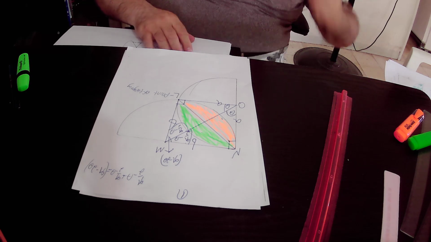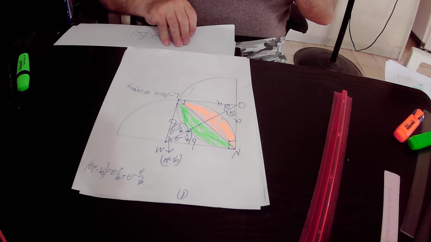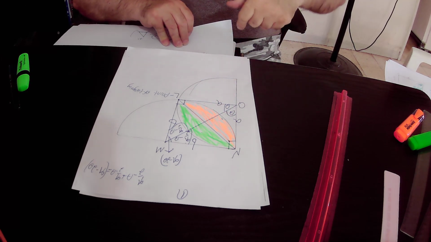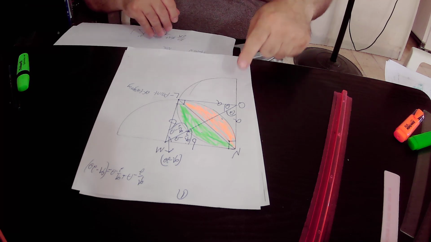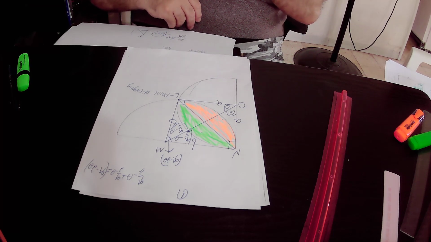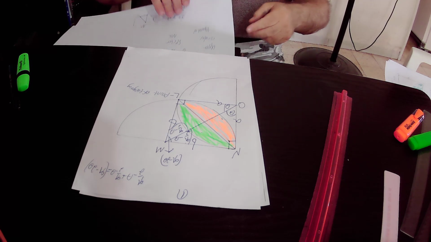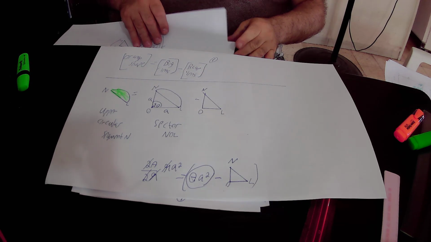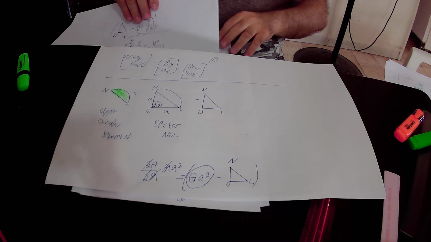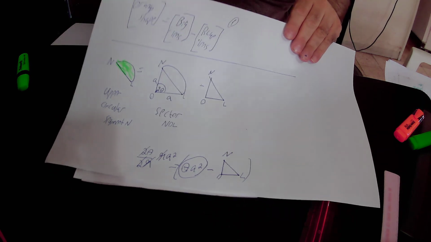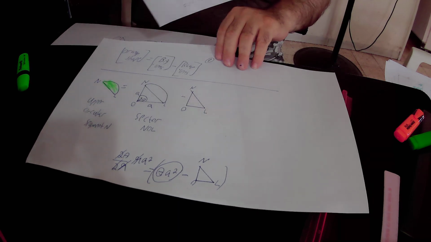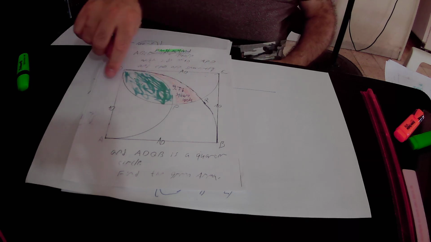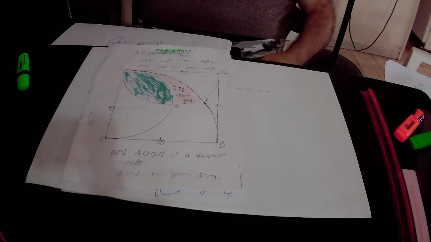Then, so in the first step, we calculated the area of the upper circular segment MN and NL, but I remind you that the general formula for the area of this orange shape equals the area of the big lens minus the area of the blue lens.